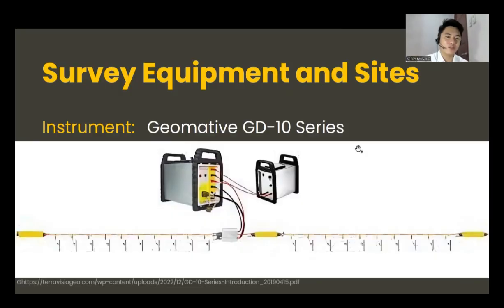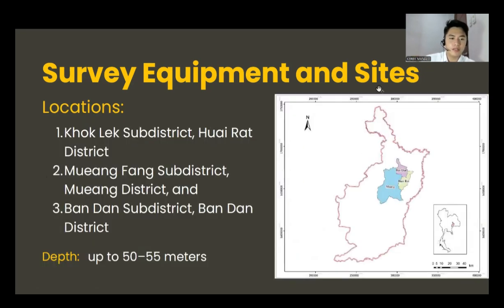Let us now move on to the survey equipment and sites. The researchers used the Geomative JD10 series system for data collection. Surveys were conducted in three drought-prone districts.